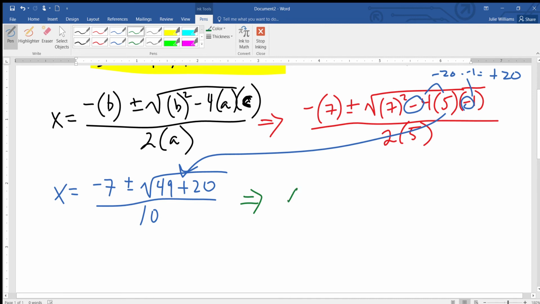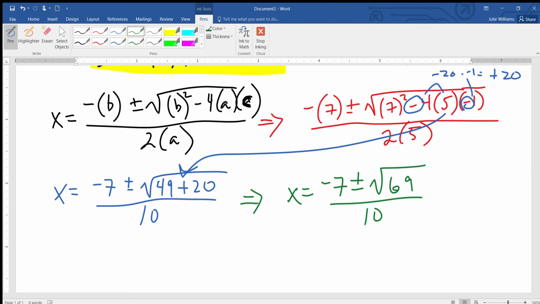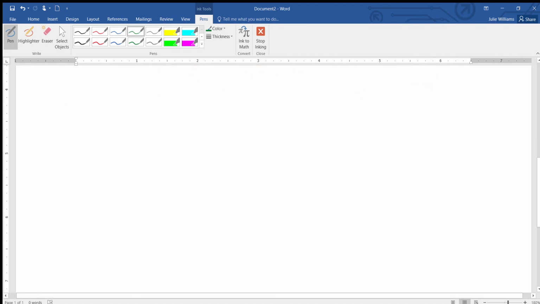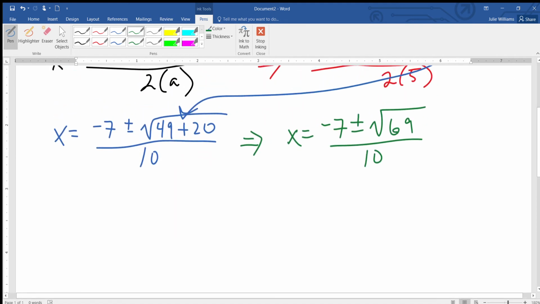Let's go to green for my next step. That's saying that x is equal to negative 7 plus or minus the square root of 69 all over 10. We talked briefly, in solving using the square root method, about whether we could simplify radicals. When you get a square root in your answer, which we have now, 69, we need to think of factors of 69 that might possibly be perfect squares.